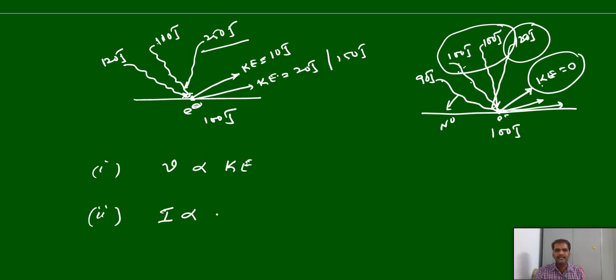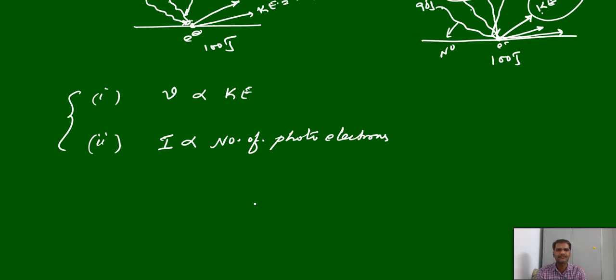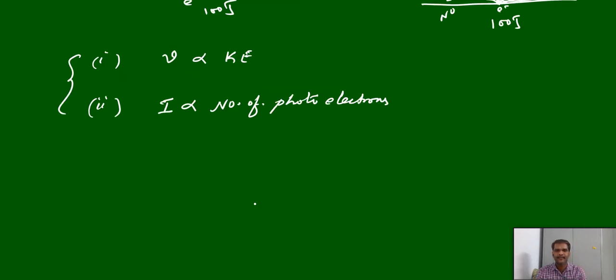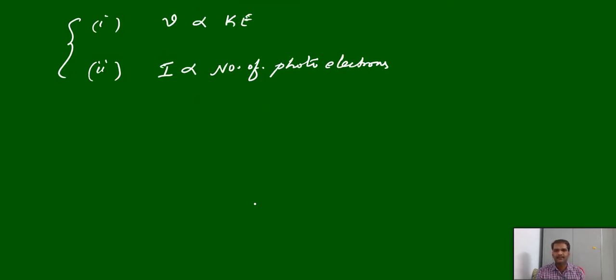So I is directly proportional to the number of photoelectrons. A photoelectron is nothing but an ejected electron. These two relations are very, very important. There is no relation between intensity and kinetic energy, or frequency and number of photoelectrons.